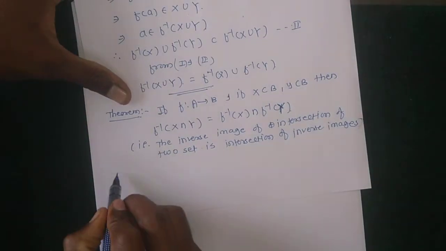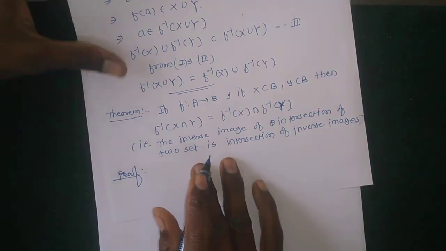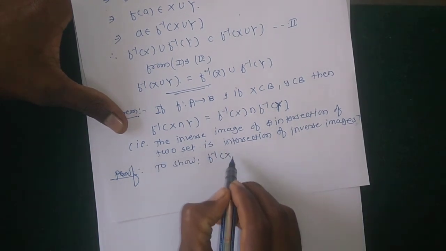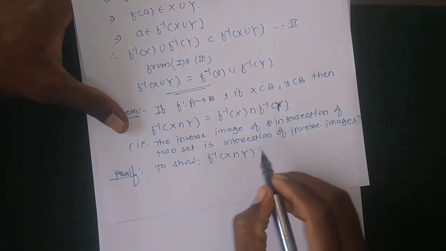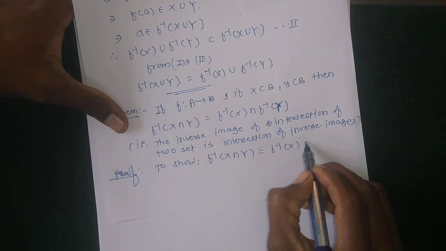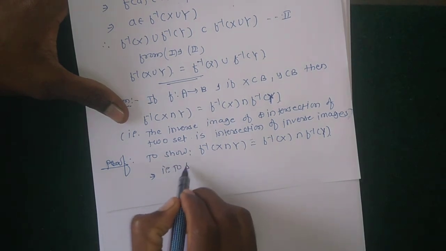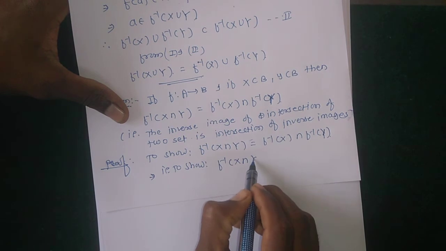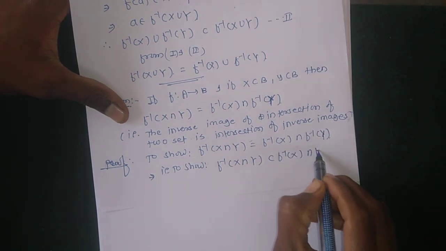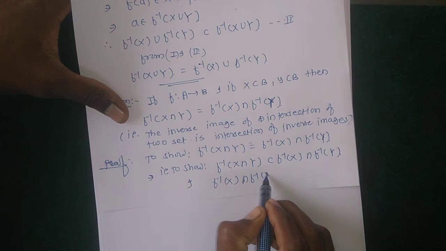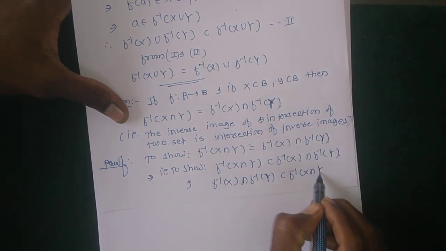So the proof of this theorem: to show f inverse of X intersection Y is a subset of f inverse of X intersection f inverse of Y, and f inverse of X intersection f inverse of Y is a subset of f inverse of X intersection Y. So how to prove these two subsets of each other?